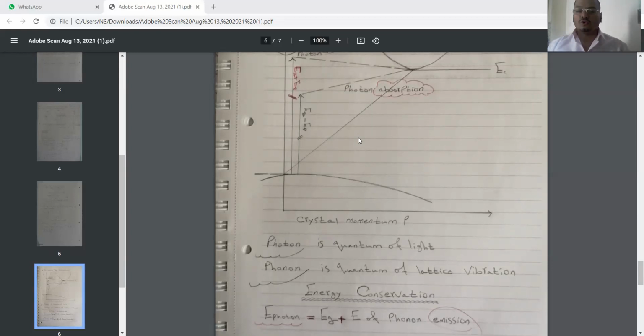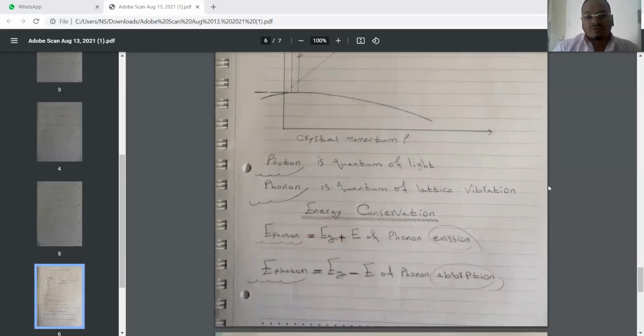A photon is a quantum of light, but a phonon is a quantum of lattice vibration. Maybe the pronunciation of these words is similar, but there is a big difference between them.